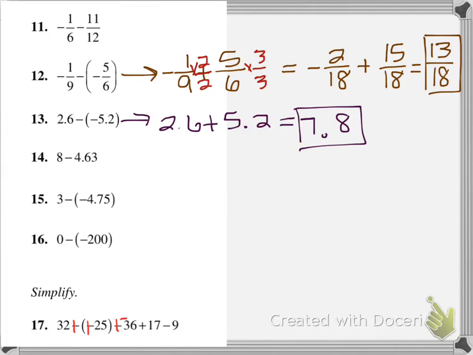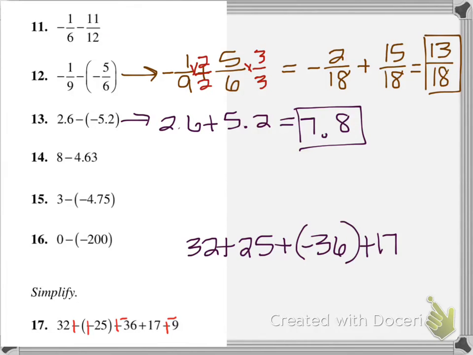And when I see subtracting 9, I know that's the same thing as adding negative 9. So my new problem is really going to be 32 plus 25 plus negative 36 plus 17 plus negative 9.